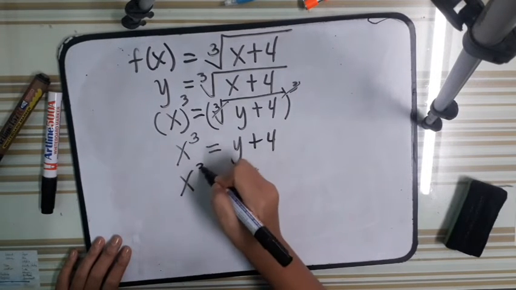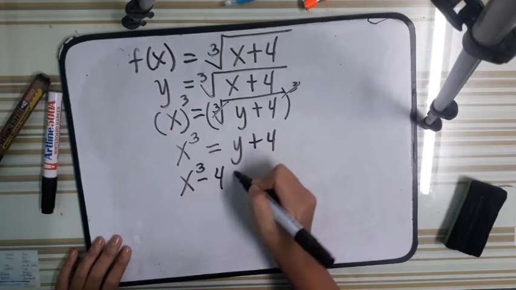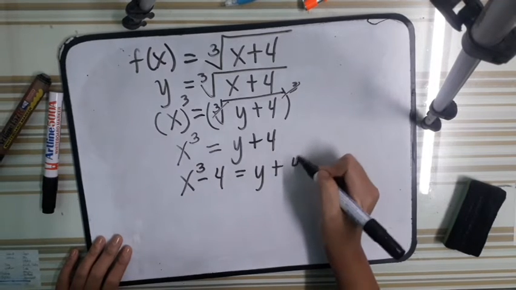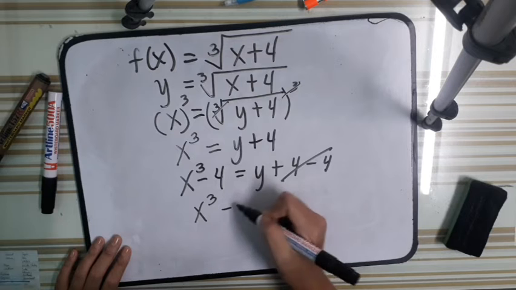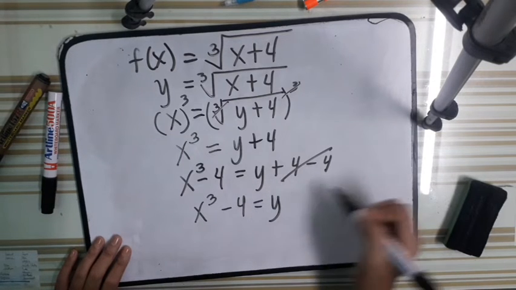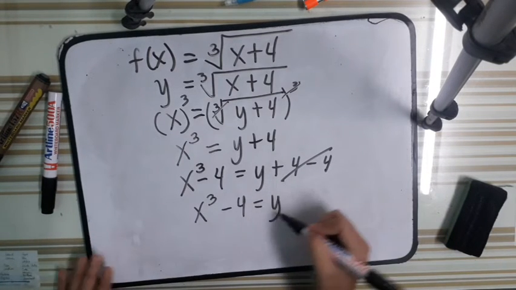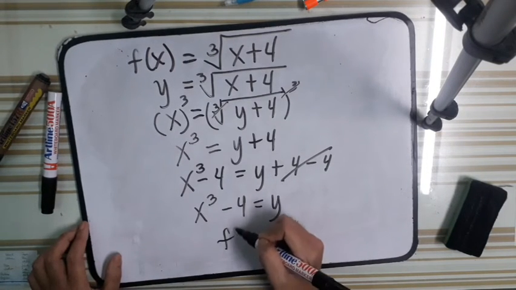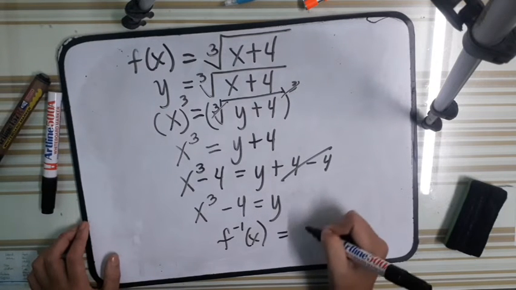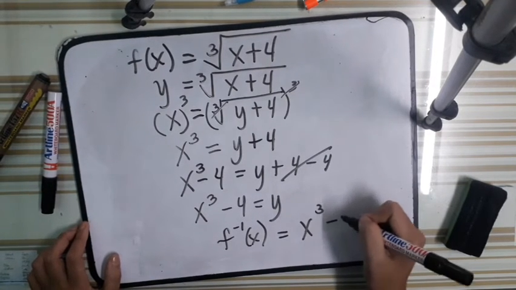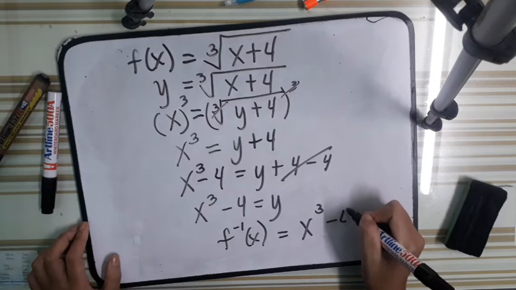So we have x cubed minus 4 is equal to y plus 4 minus 4. So cancel. So we have x cubed minus 4 is equal to y. Now rewrite this into the inverse form. F raised to negative 1x, or the inverse of x, is equal to x cubed minus 4.